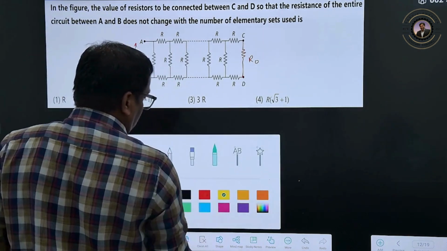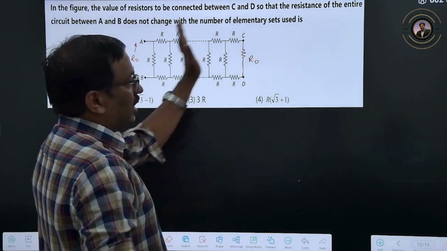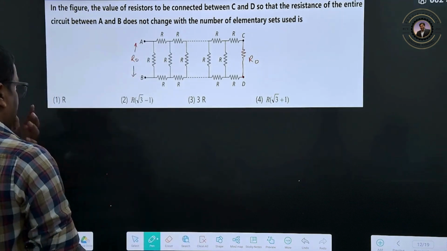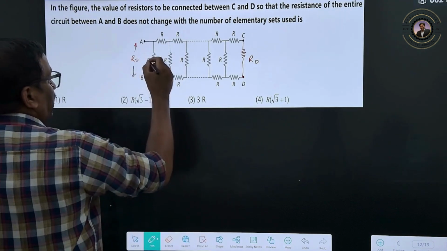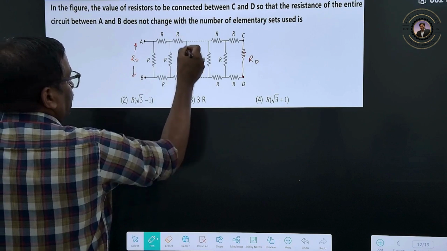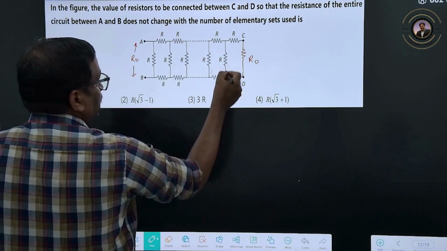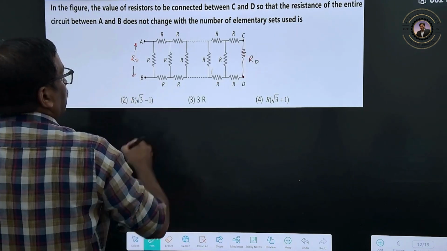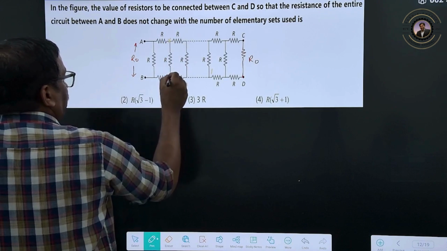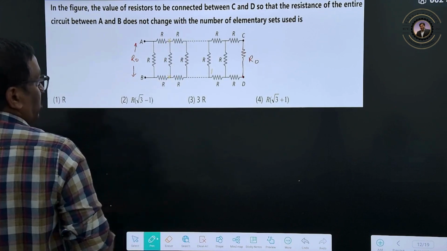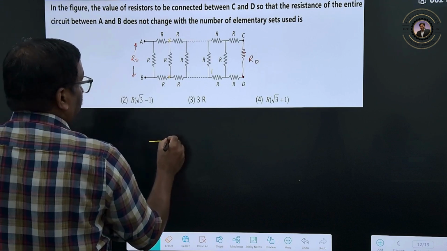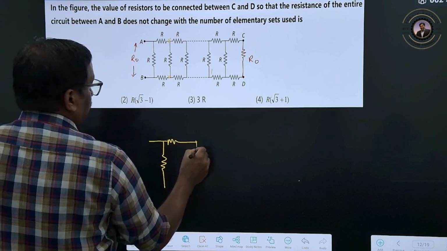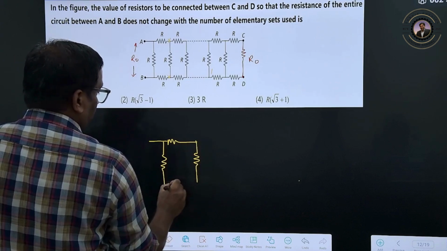So therefore we can solve this type of circuit. This is an infinite circuit, so how do we solve it? Let us see. Here it is repeating: this is 3, this is 3, this is 3, like that it is repeating. Therefore what I will do is disconnect it from here to here.